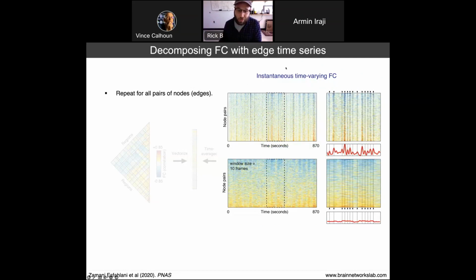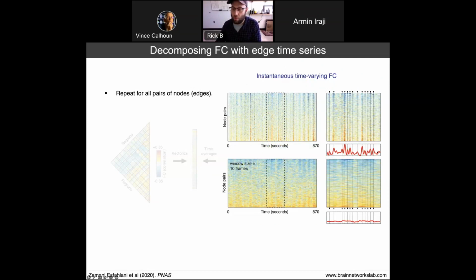But I will point out, though, when we do compare this to sliding windows, we don't have to use a sliding window with the cofluctuation time series. There's no blurring, and as a consequence, we can resolve with frame-wise resolution any kind of cofluctuation in the network.